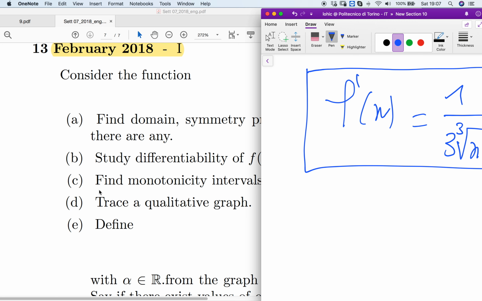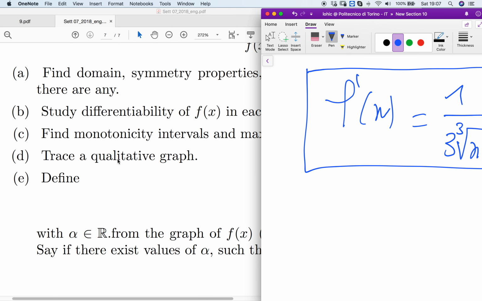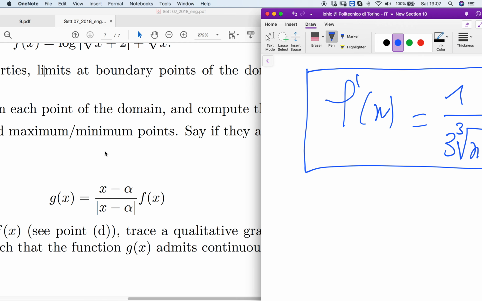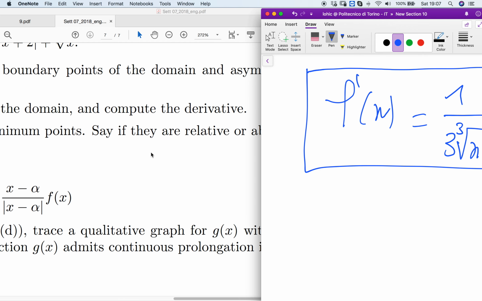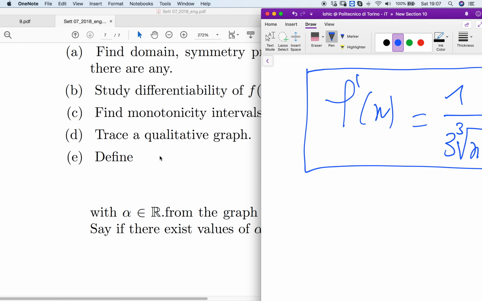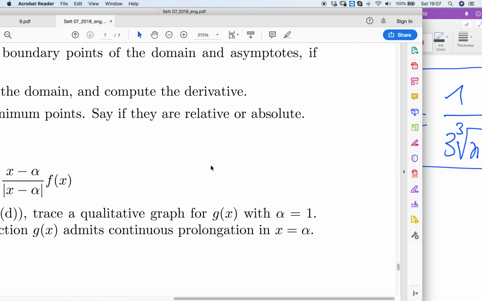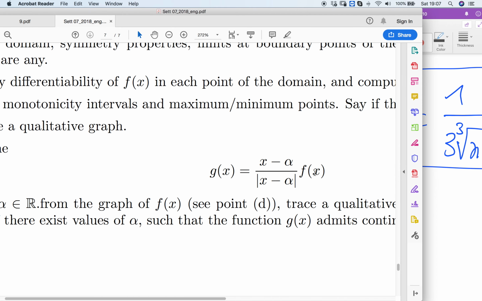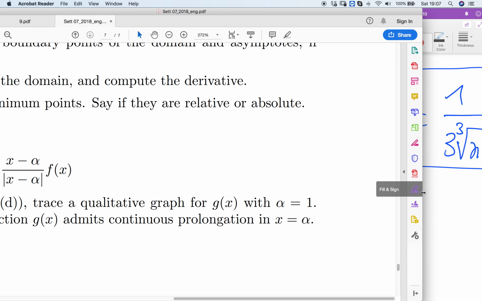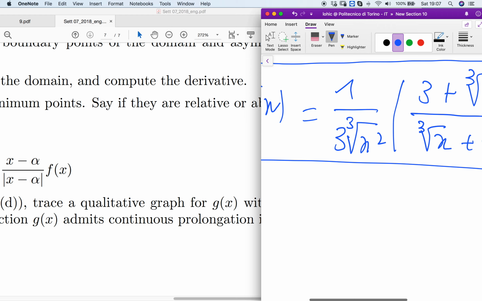Going back, we then say: find the monotonicity intervals and the maximum and minimum points, and say if they are relative or absolute. So we now need to study the monotonicity.